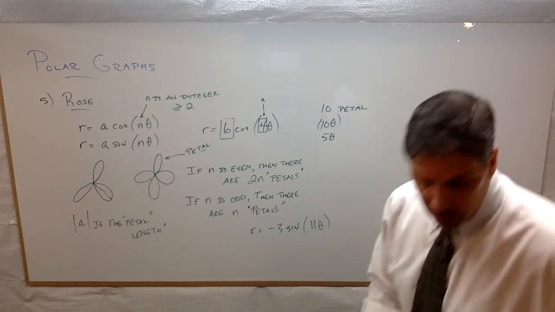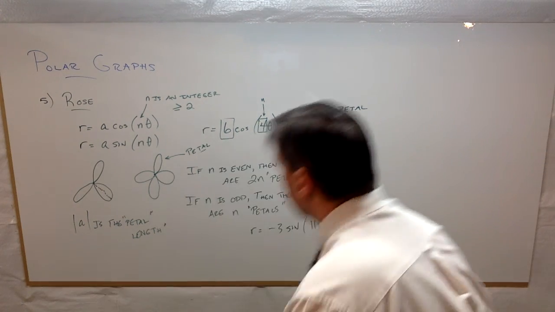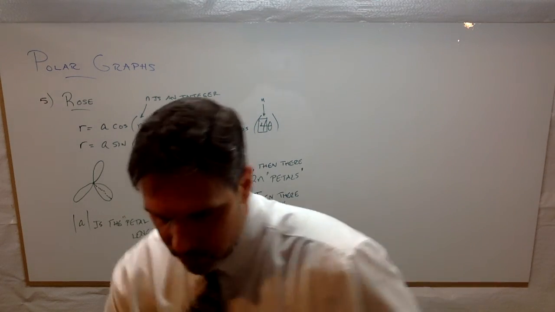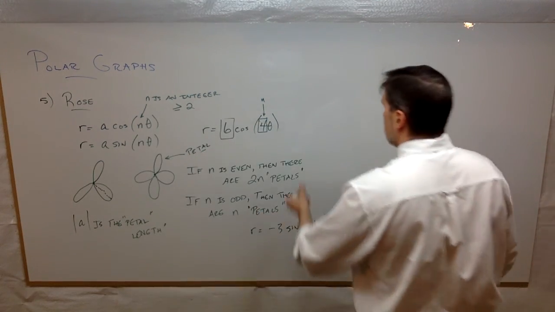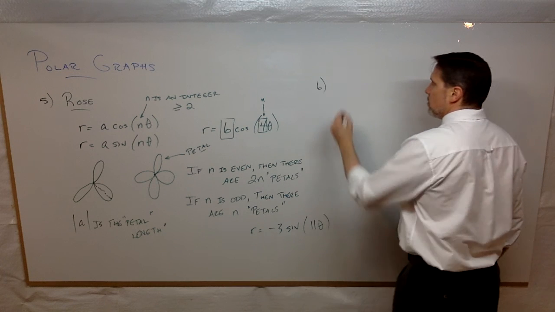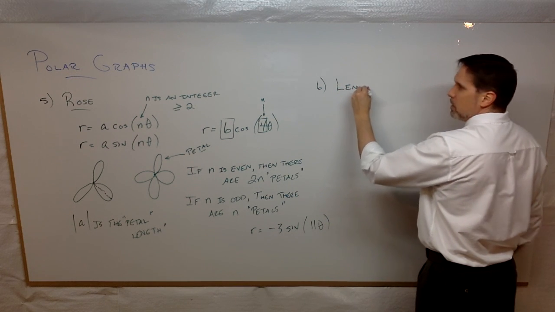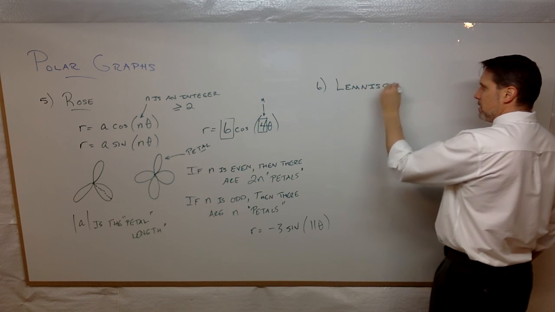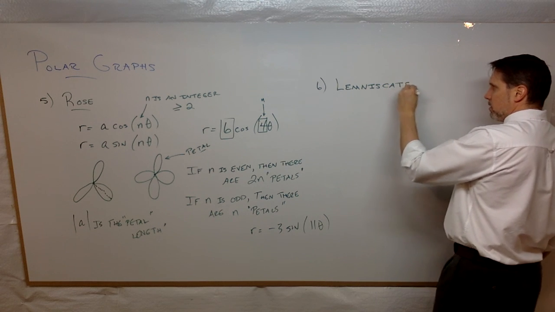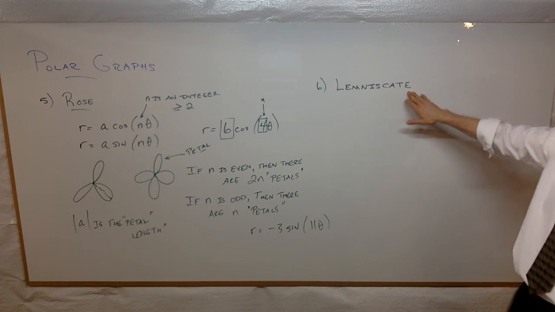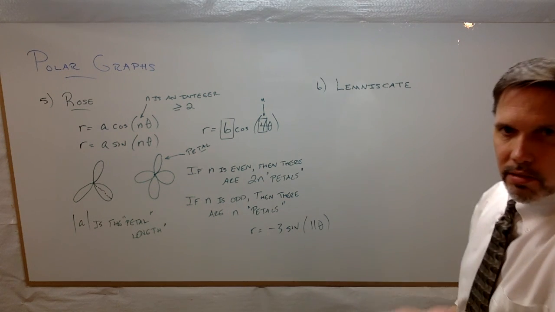Okay, well, next shape. See if we can fit this one in. Number 6. This is called the lemniscate. Right, looks like lemniscate, but it's actually pronounced lemniscate.